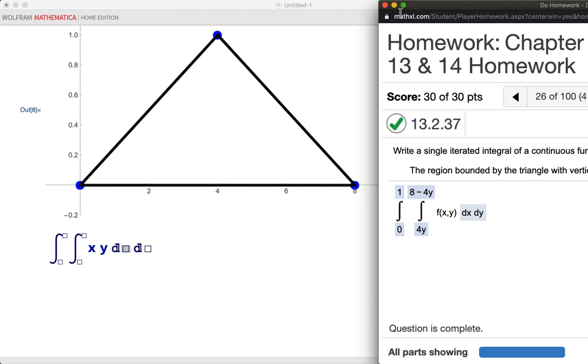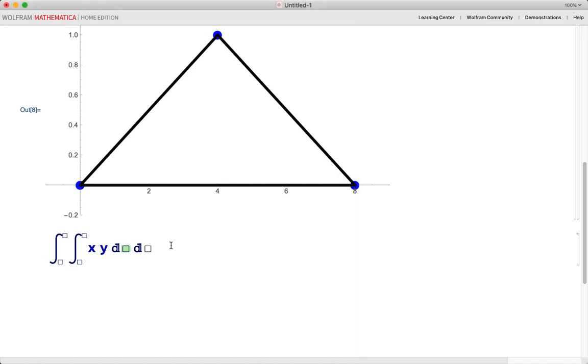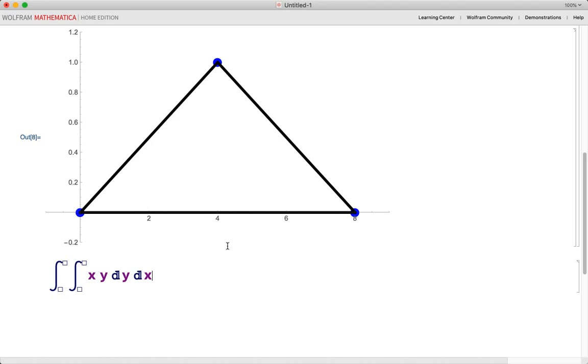We're going to integrate first with respect to y and then with respect to x. So here I'm going to have y and x. And just think about dividing this triangle into 2 parts.